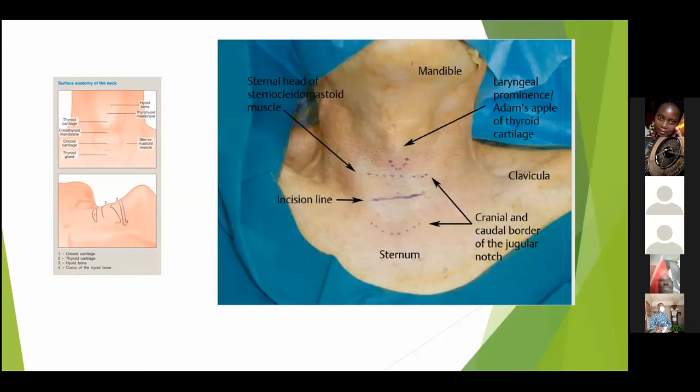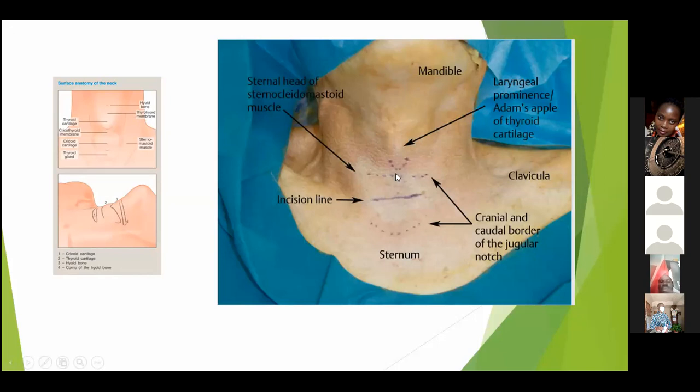For someone who is severely obstructed, you're going to do the cricothyroidotomy as you're preparing to do that tracheostomy. So it's not something that you do and leave the patient like that. You do the cricothyroidotomy and then plan for a tracheostomy, because the tracheostomy is easier to secure.